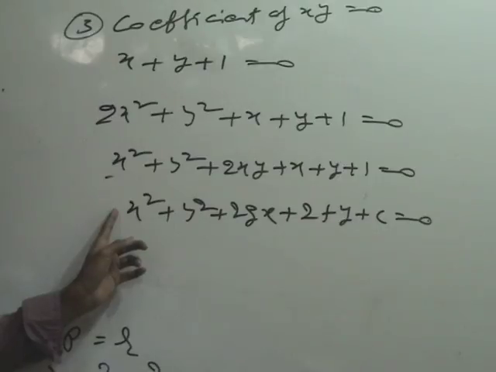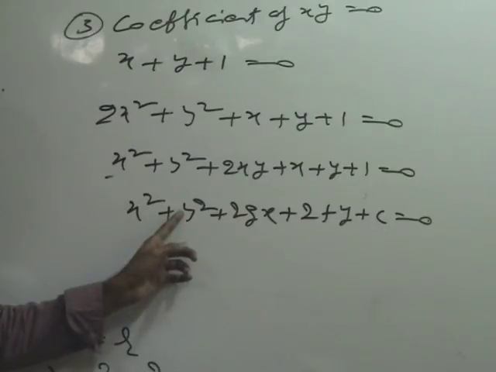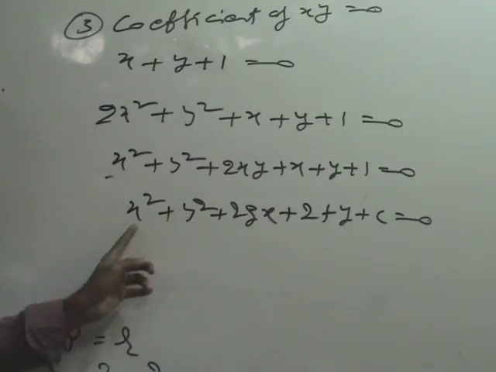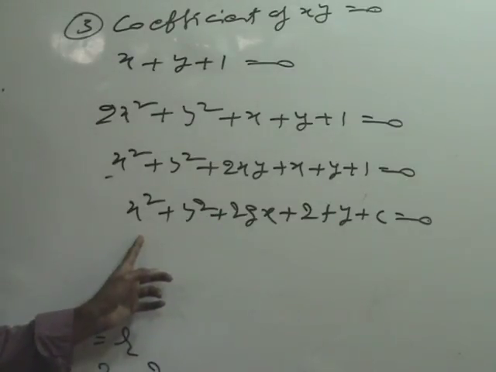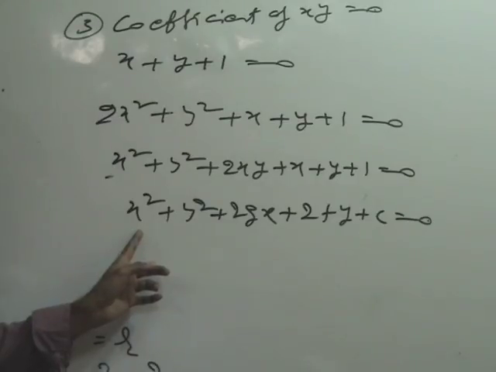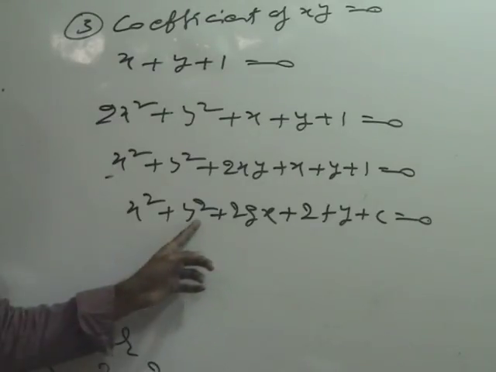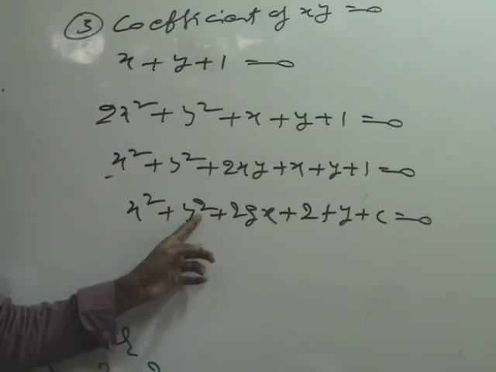Here the coefficient of x square is 1, coefficient of y square is 1. So coefficient of x square equal to coefficient of y square. So second property is satisfied. And there is no xy term here. So the coefficient of xy is 0. Third property is also satisfied. So this is the equation of a circle.